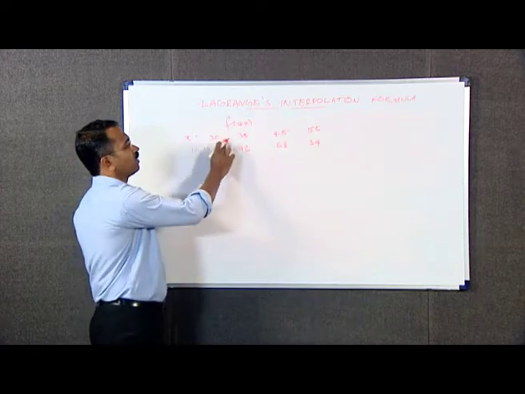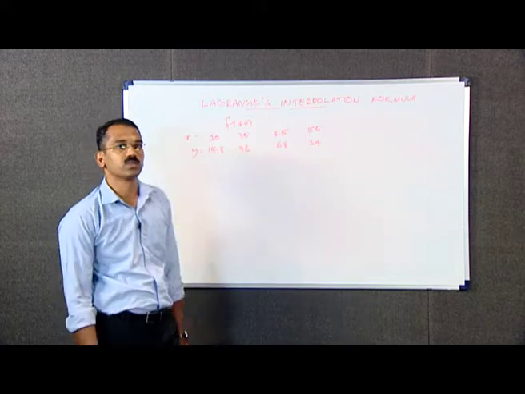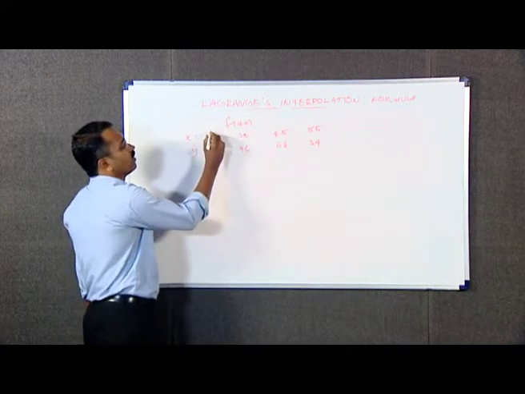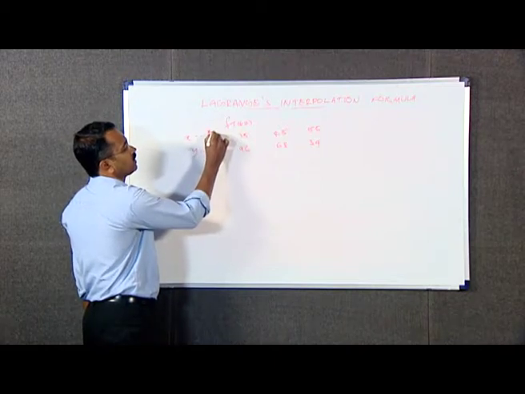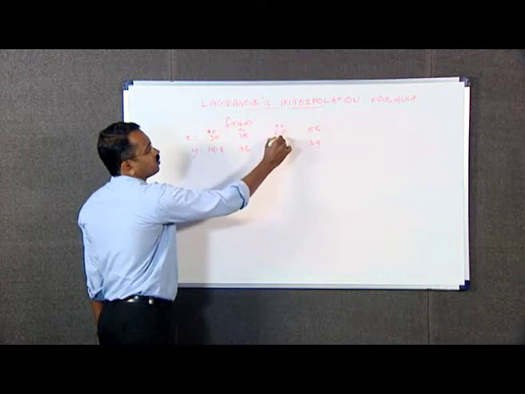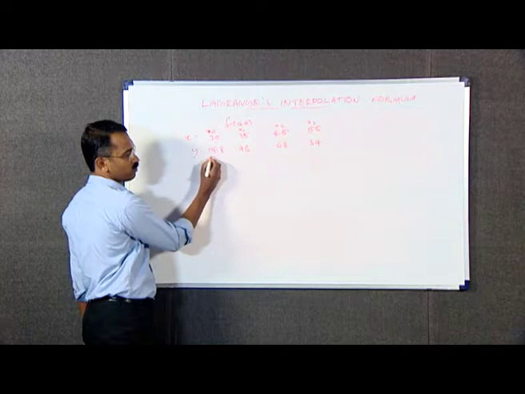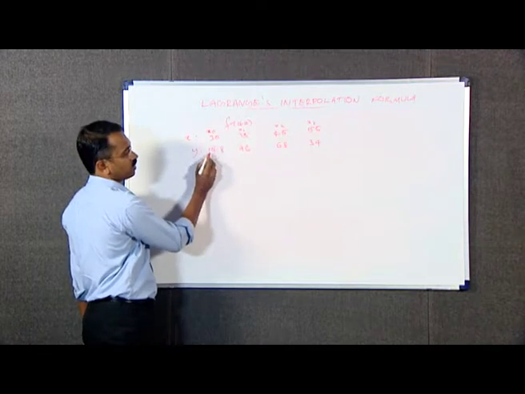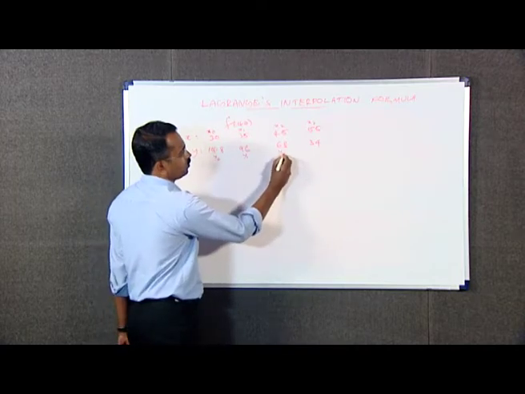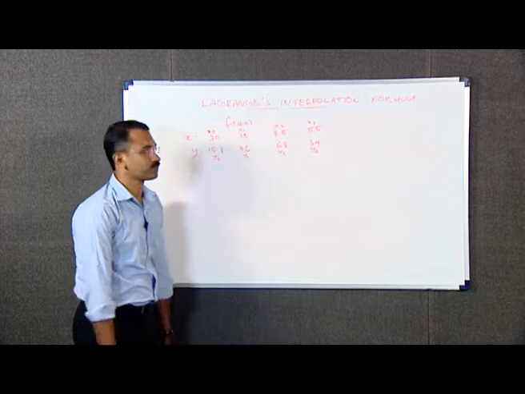Here the arguments are not equally spaced. Therefore, we can use the Lagrange's interpolation formula. Take x0 as 30, x1 is 35, x2 is 45 and x3 is 55. The corresponding values of y are y0 equal to 148, y1 is 96, y2 is 68 and y3 is 34.